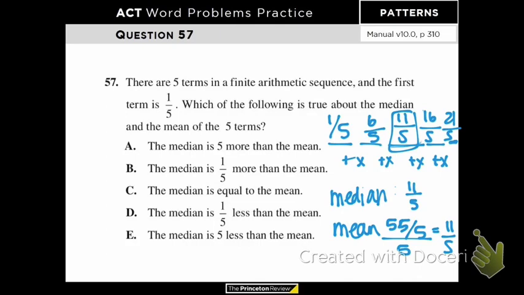Okay, and so you can see that they're going to be the same. If you have an arithmetic sequence like this, the median and the mean are always going to be the same. So now that you've seen that, hopefully you can memorize that. If you ran into something like this and you had forgotten, probably it's easier to just plug in some nice numbers and see what is true. So the answer here is C.